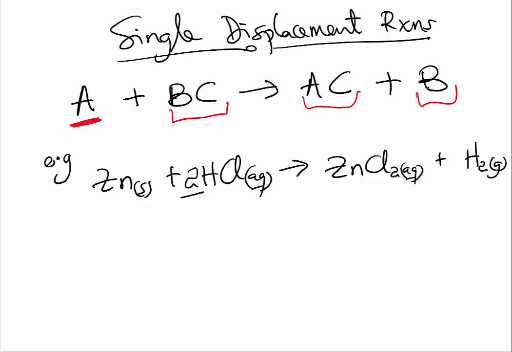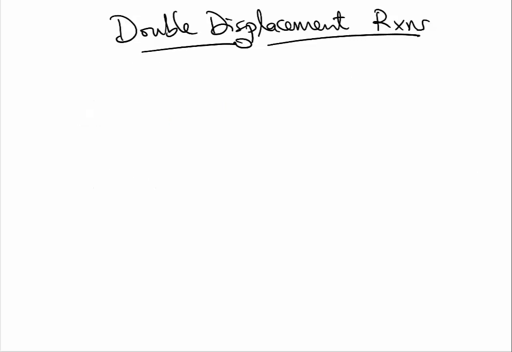Let us now take a look at double displacement reactions. If you have a substance AB and you have another substance CD, or think of it in terms of dancing, A and B are dancing together at a party.